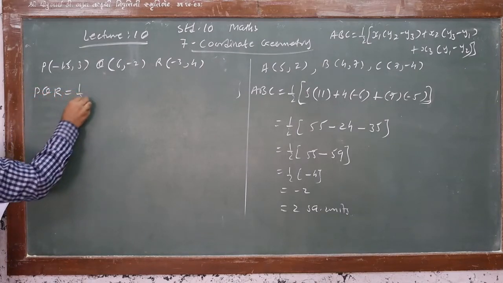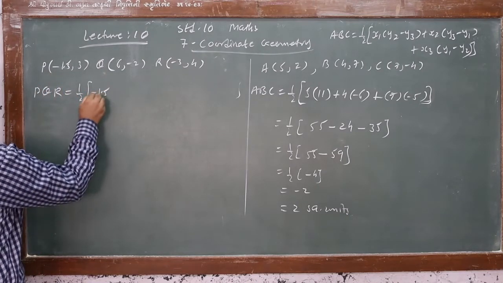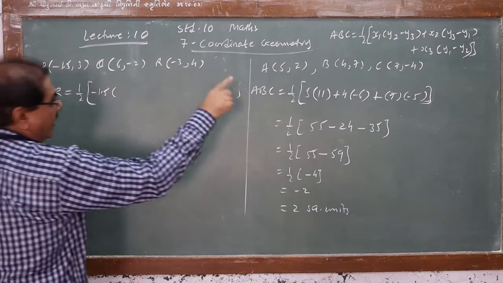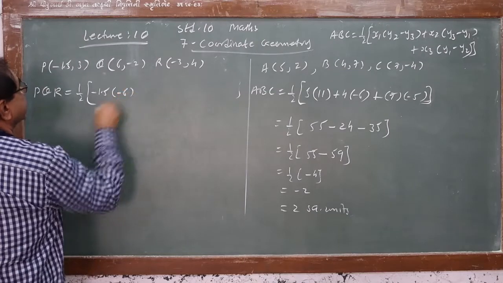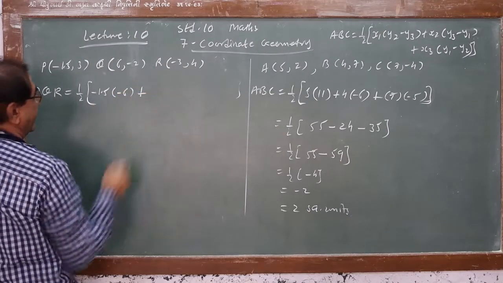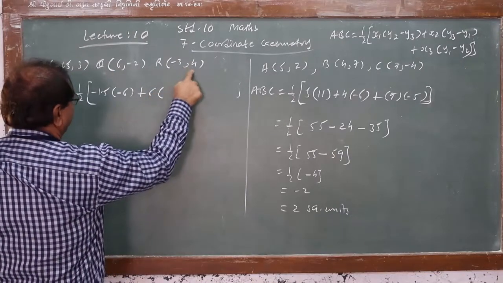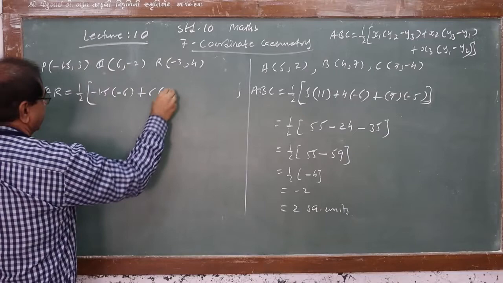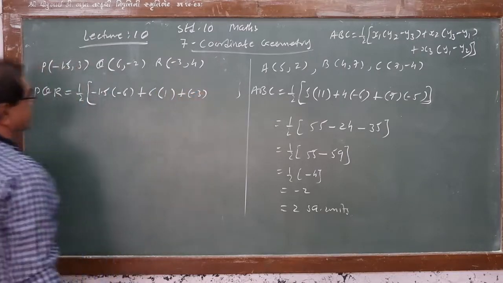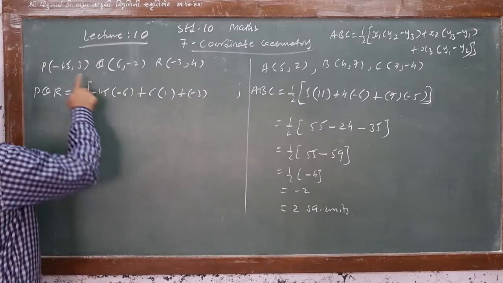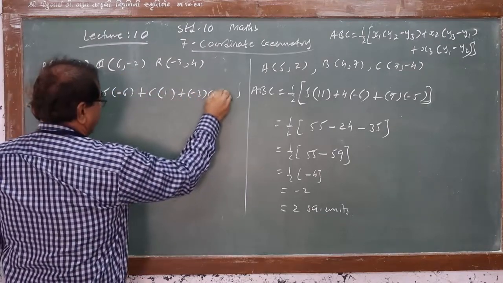Area of PQR is equal to 1/2 into the square bracket: x1, that is -1.5, into the bracket y2 minus y3, that is -2 minus 4, which is -6, plus x2, which is 6, into y3 minus y1, 4 minus 3, which is 1, plus x3, which is -3, into y1 minus y2, 3 minus (-2), so 3 plus 2 is 5.